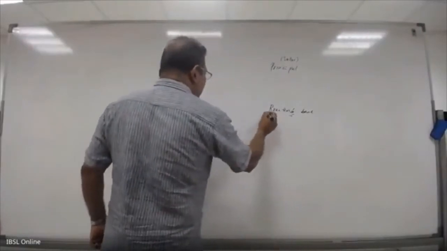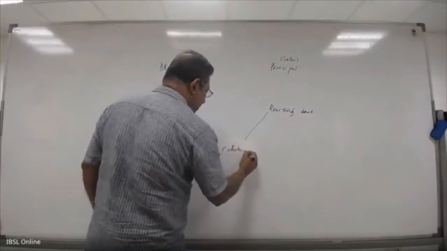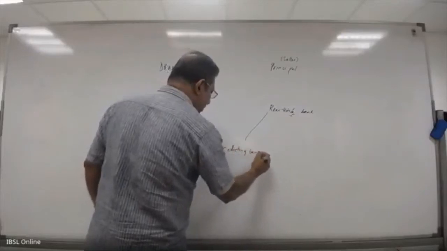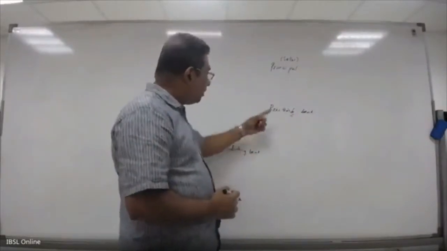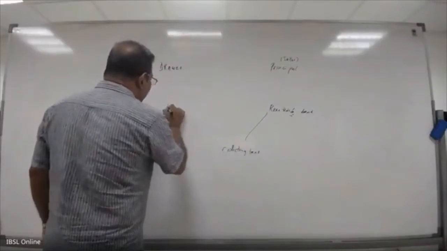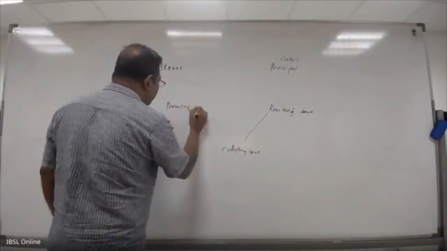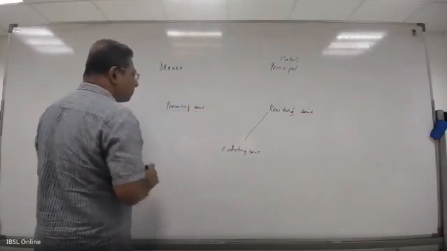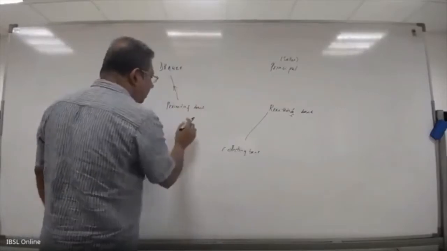Then you get the collecting bank, which is the bank other than the remitting bank who handles the collection order on behalf of the principal. Then after that we get the presenting bank, which is the bank who delivers the document to the drawee.